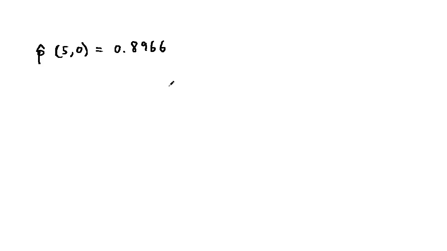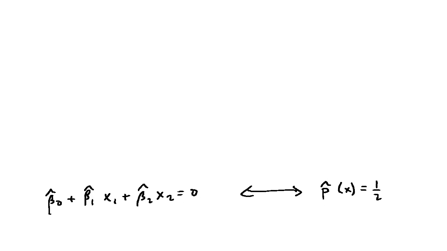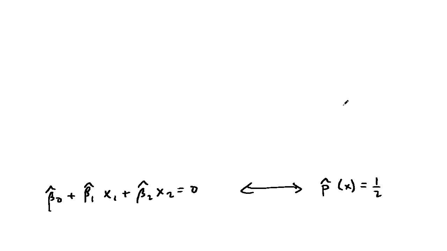Therefore, we classify (5, 0) as of class 1, because this is bigger than 1/2. Note that setting beta 0 hat plus beta 1 hat x1 plus beta 2 hat x2 equal to 0 gives us a decision boundary that corresponds to the probability being 1/2.